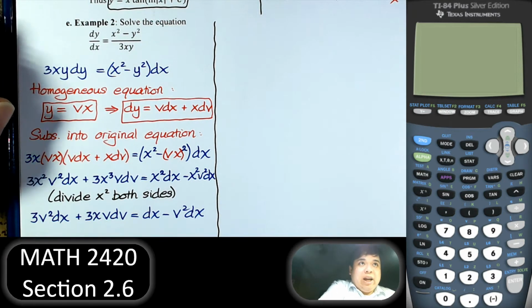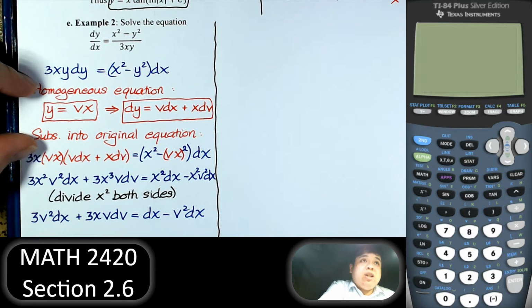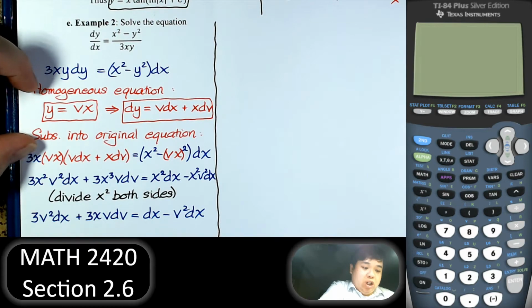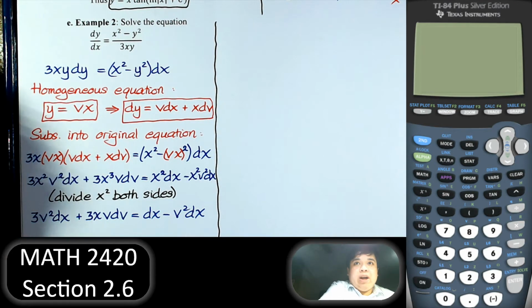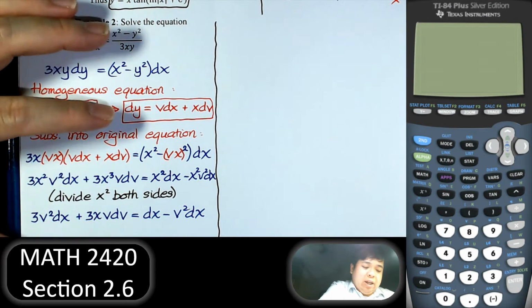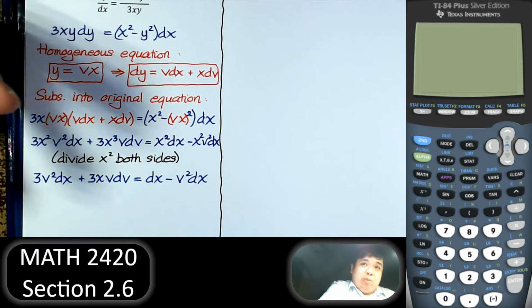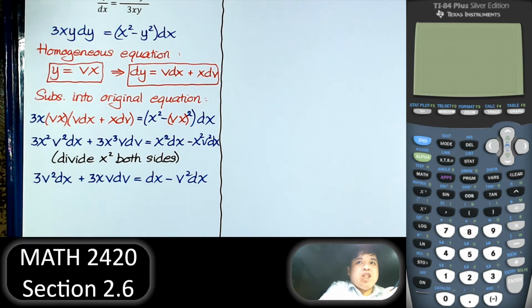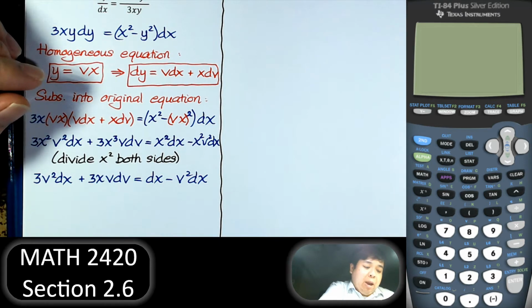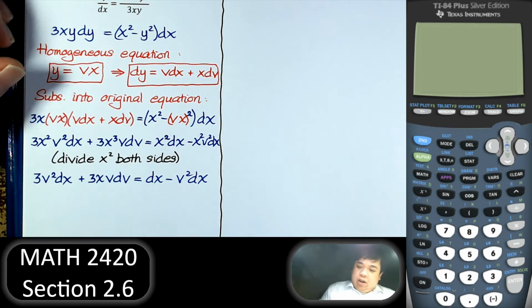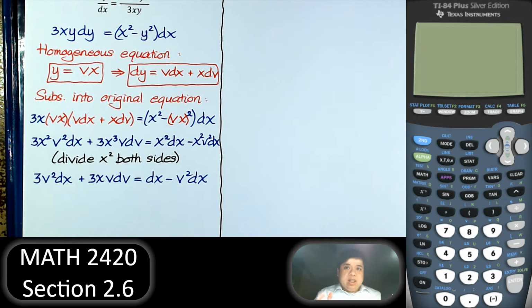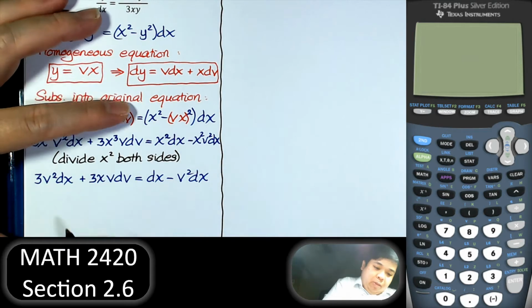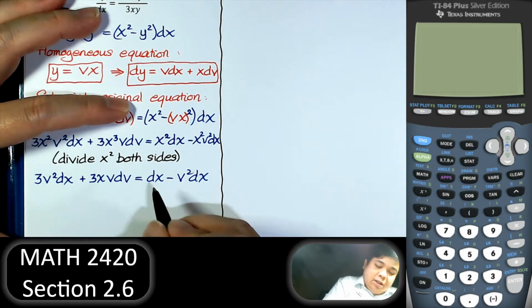Once again, for a homogeneous equation, do this substitution, and since it is homogeneous of order 2, we can divide both sides by x squared. If this is of order 3, we should expect to have x cubed on both sides that we can divide by. Anyway, when we do this, it should turn into a separable equation, so we try to keep dx and dv.